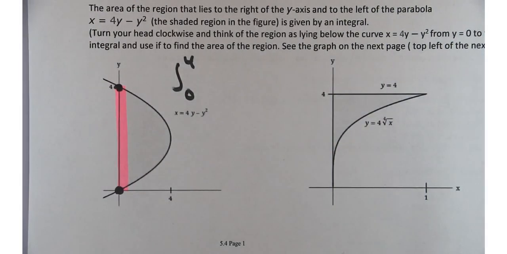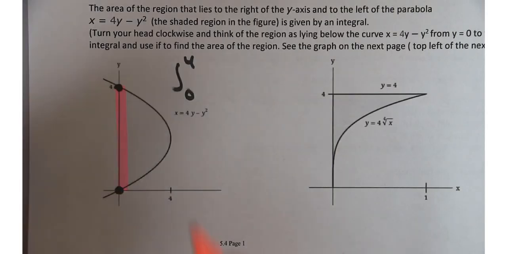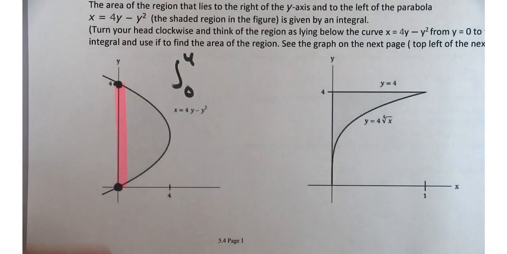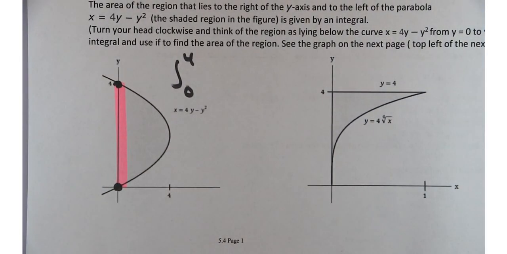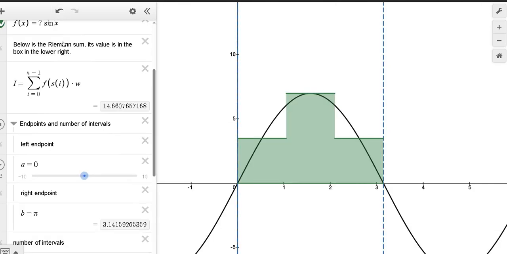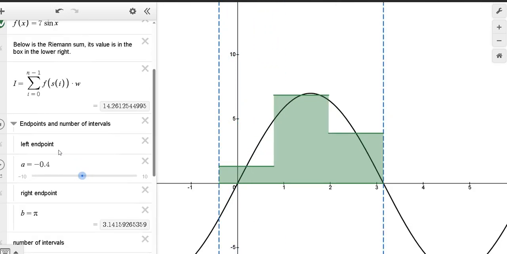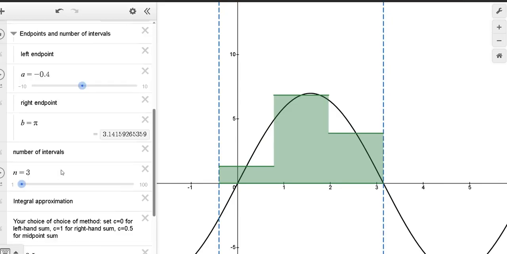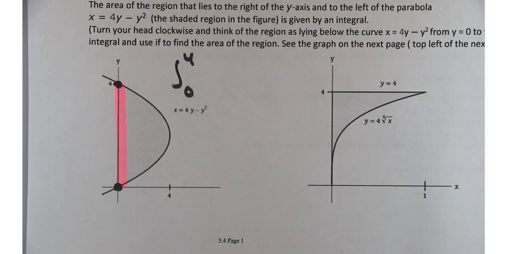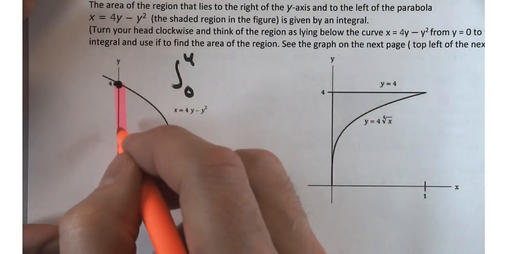If I wanted to find the area by a Riemann sum approach, like we did back in section 5.2, where you allow more and more rectangles, let's start by finding the area of one rectangle. I'm going to draw a little rectangle in here.